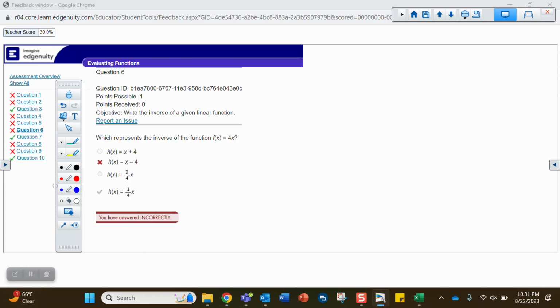Which represents the inverse of the function? Okay, so inverse means you're solving it for the variable x, typically. This one says that f of x equals 4x. The first thing I like to do is just change this f of x to a y. It's a little easier to work with. Then I'm going to solve the equation. Right now it's solved for y, and I need to solve it for x.